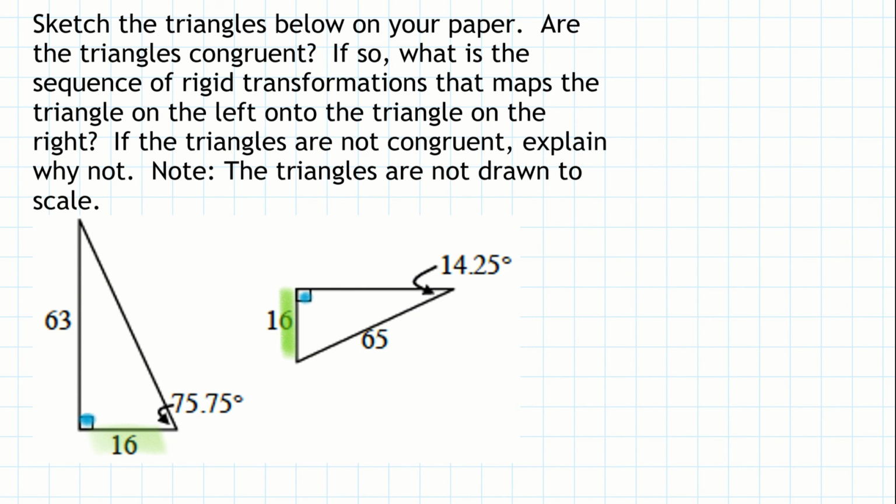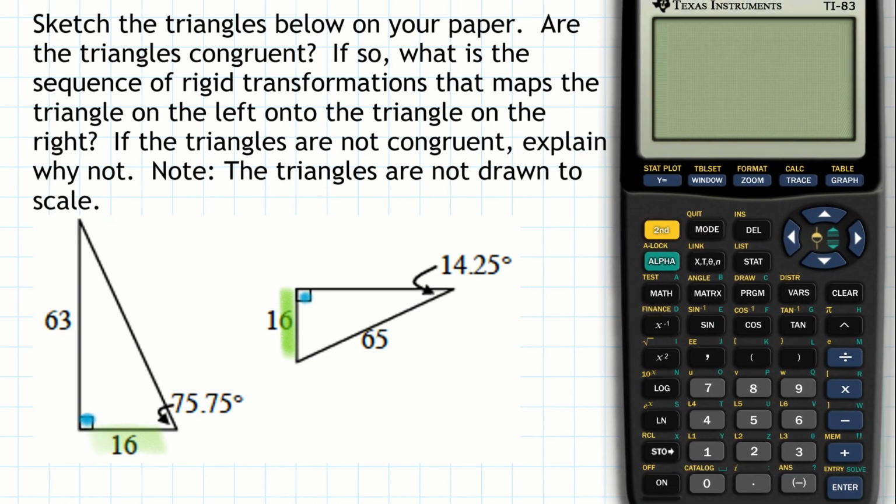What do I do? I'll tell you what I do. I know that the three angles in a triangle have to add up to 180 degrees. So if I look at this smaller triangle, I'm going to say, well, let's take the 180 degrees. That's all three of the angles in this triangle. I'm going to subtract from that the 90 degrees because I have a right angle, and I'm going to subtract from that the 75.75, that other angle I have.